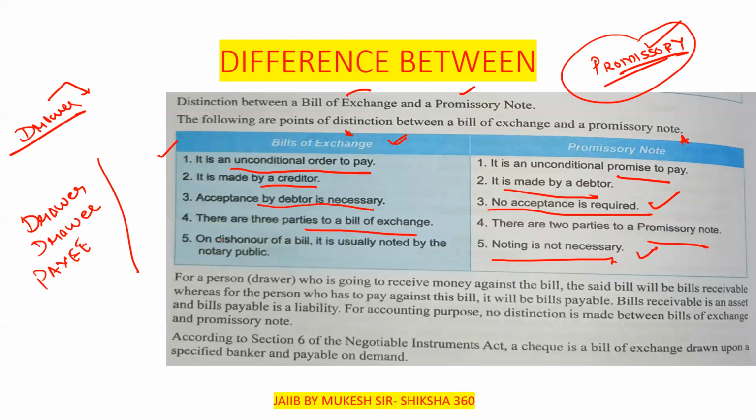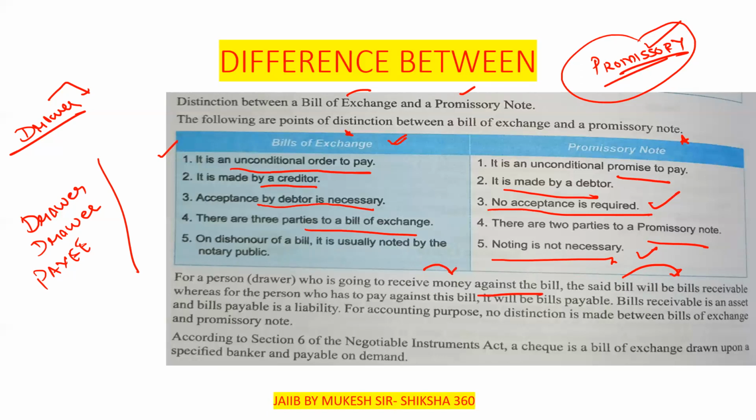The person, the drawer, who is going to receive the money against the bill, that bill is known as the bill receivable.